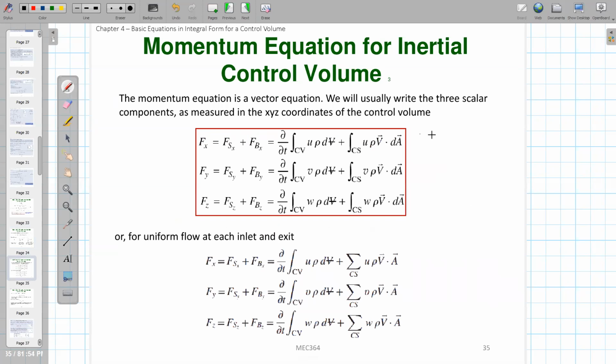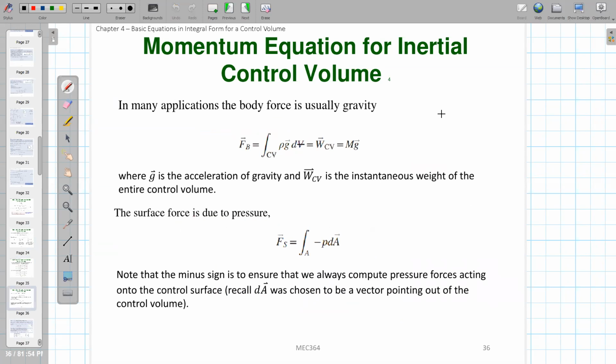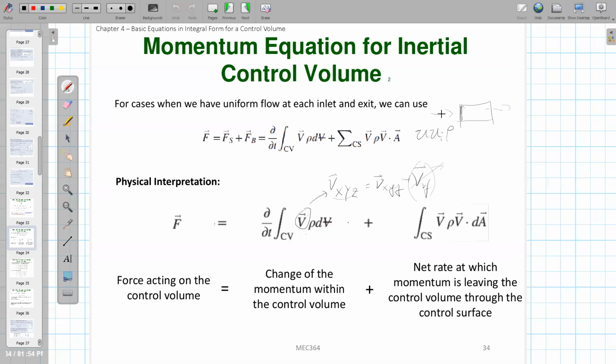Let me rewrite it. What I want to see is that for this integration term, the important thing is what the net value will be.